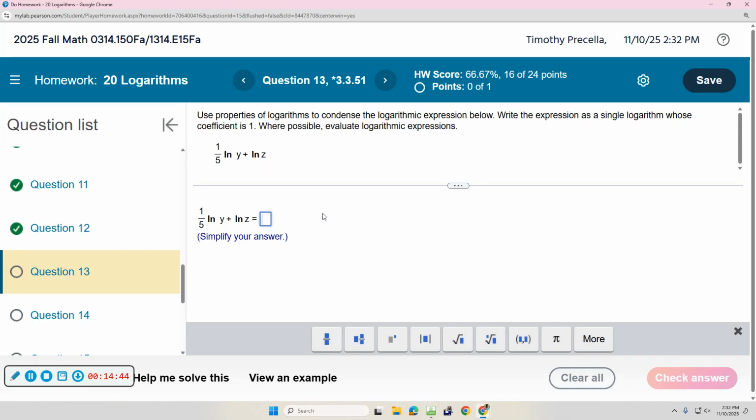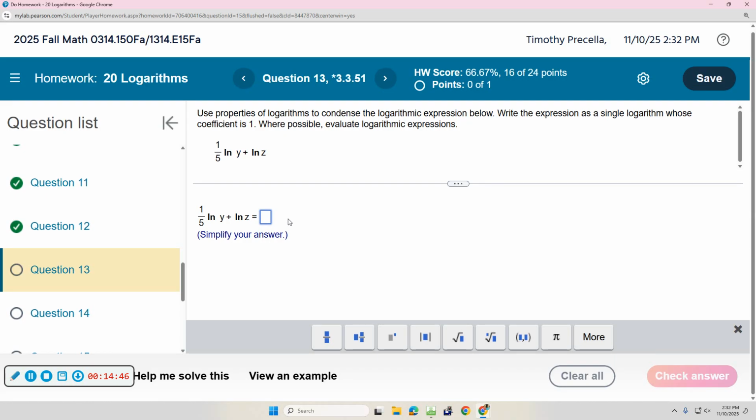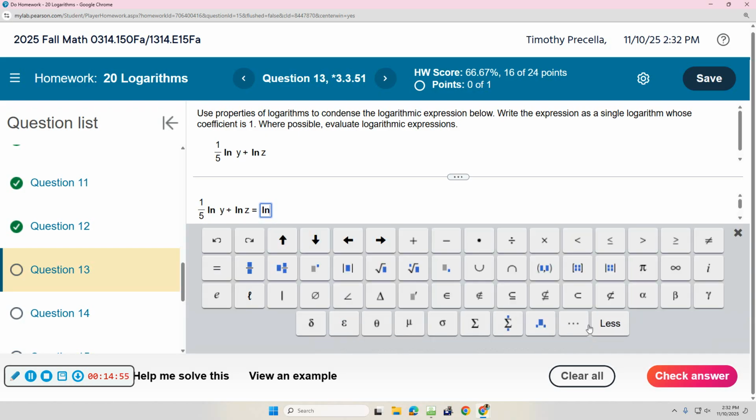So let me see. I type my ln and then I have, here's the little tool. Let's see, look, this one right here? Yeah. Okay, so you want to type y to the 1/5. Y raised to the 1/5. And then what do I need to do?